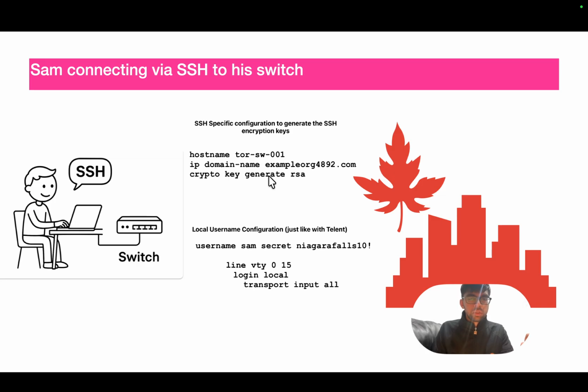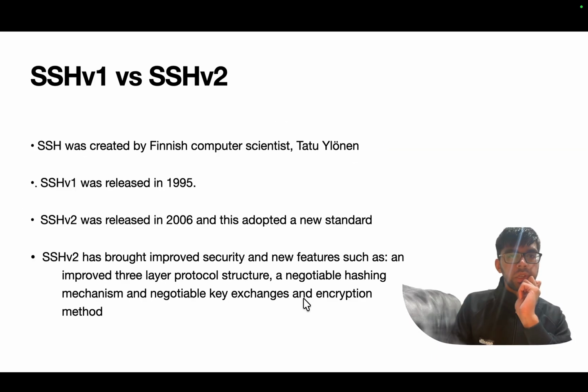So there are 3 things he needs to do in tandem to be able to generate the SSH encryption keys. And then for the local username configuration, similar to Telnet, username Sam secret, and then specifies the password, Niagara Falls 10 in this case. Line VTY 0 15, login local, transport input all. That will then configure this all.